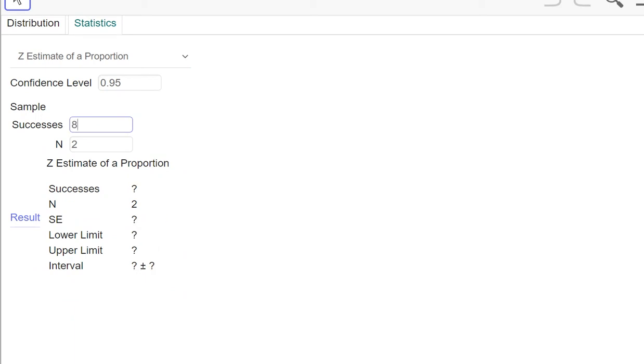Our number of successes was 830 out of a sample size of 1,509 high school seniors who took the SAT. We find here as a result, at the bottom, we have the interval itself, 0.55 plus or minus 0.0251, which we had calculated earlier, as well as the indicated lower limit and upper limit, 0.5249 and 0.5751.